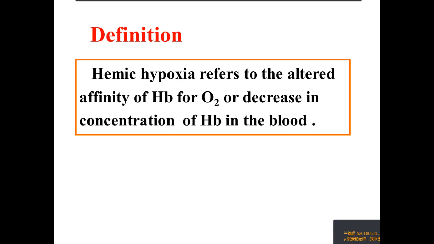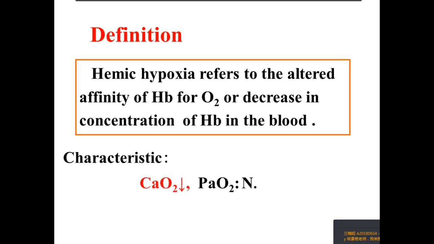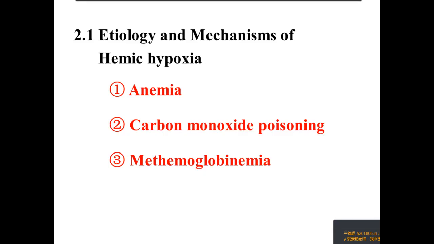Partial pressure of oxygen in arterial blood is normal. So we know during hemic hypoxia, oxygen content in arterial blood decreases, partial pressure of oxygen is normal, and oxygen binding capacity decreases. Now etiology includes anemia, carbon monoxide poisoning, and methemoglobinemia.